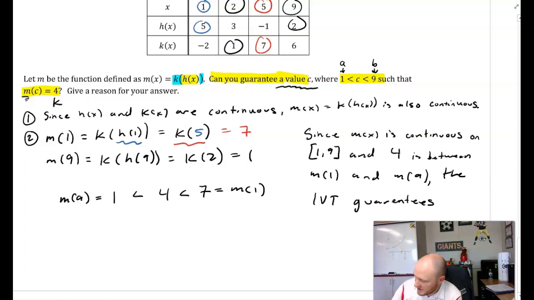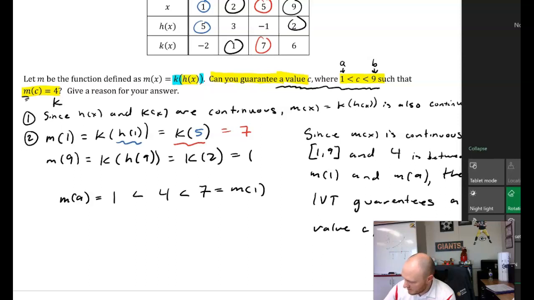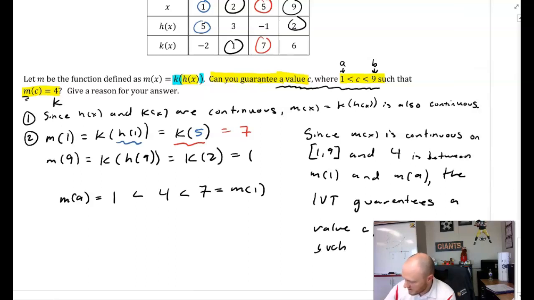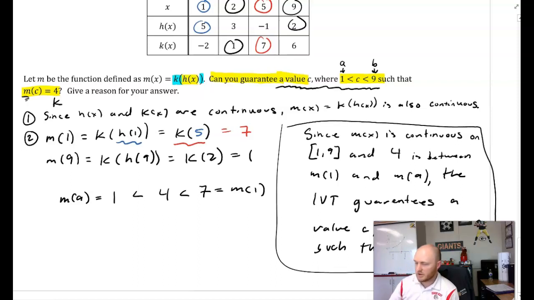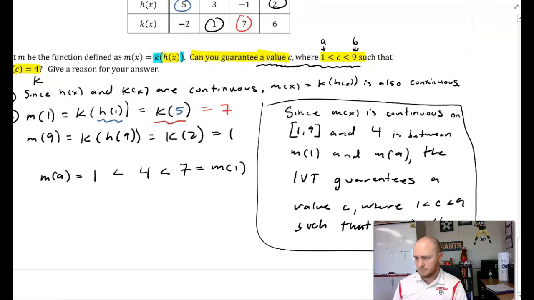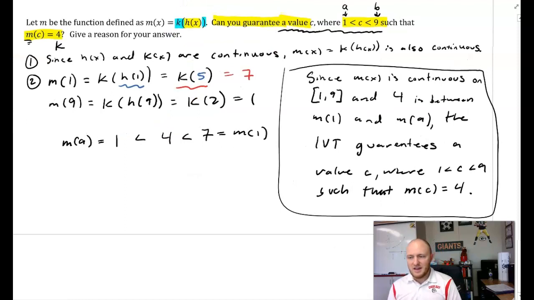A value c, where c is between 1 and 9, such that m of c equals 4. There's your conclusion. All right, hey, that is the intermediate value theorem. That is the intermediate value theorem, okay?